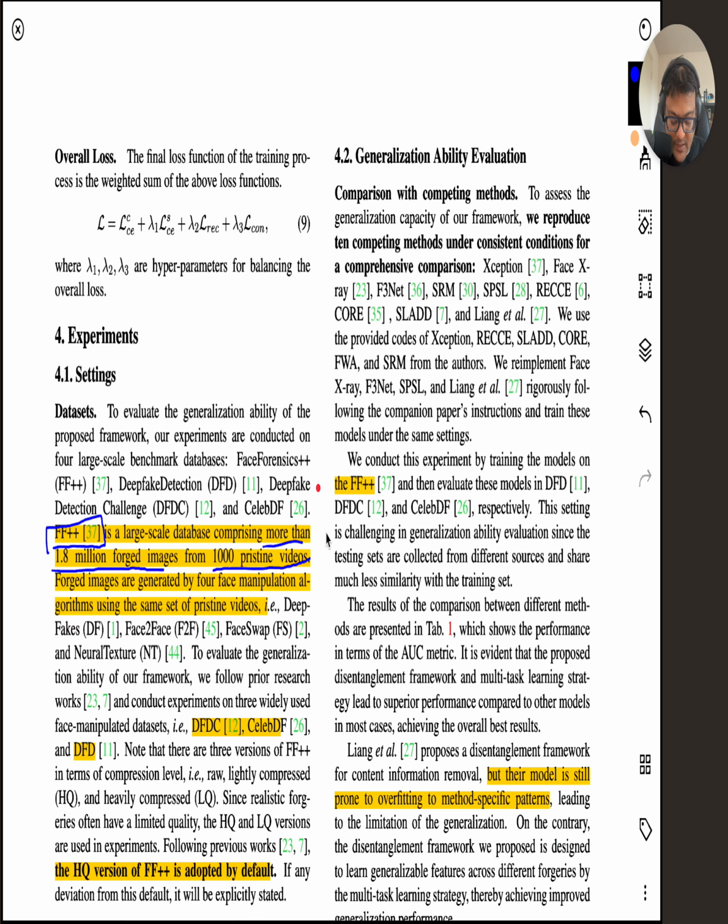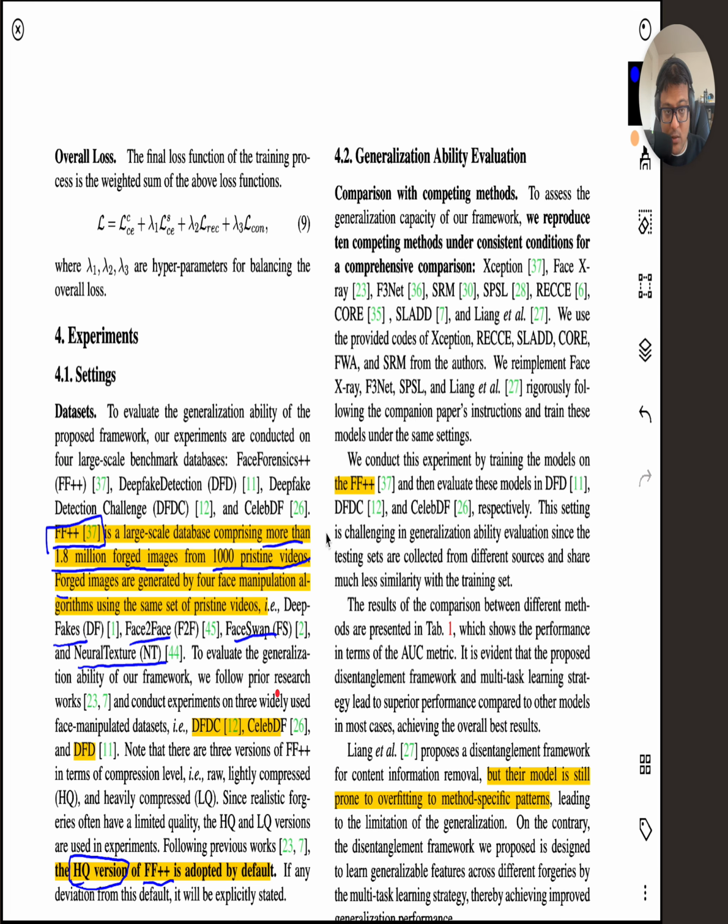They extract the frames from the 1000 videos and forge them using different methods like DF, Face2Face, FaceSwap, and NeuralTextures. They are training their network on FF plus, on the high quality version of the data, so high resolution images.